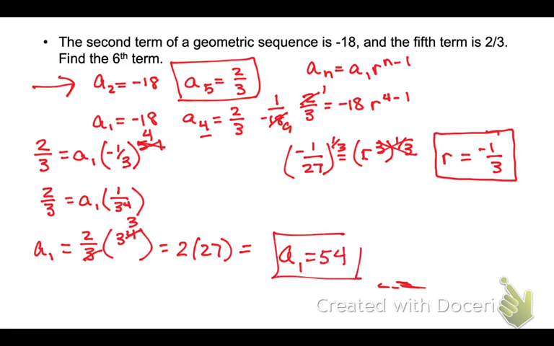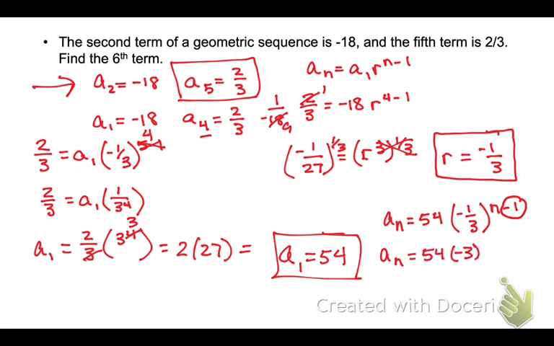And so if I was going to write a definition now, the definition would be a sub n equals 54 times negative 1/3 to the n minus 1. That minus 1 gives me 1 of the negative 1/3 reciprocated. So a sub n equals 54 times negative 3 times negative 1/3 to the n.